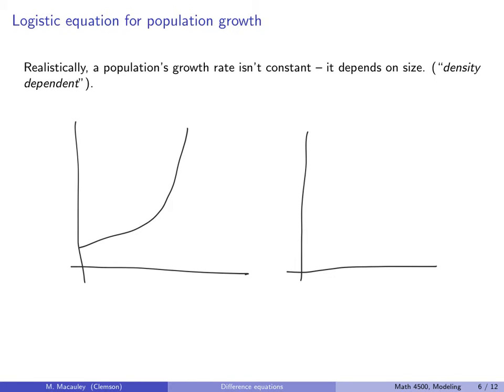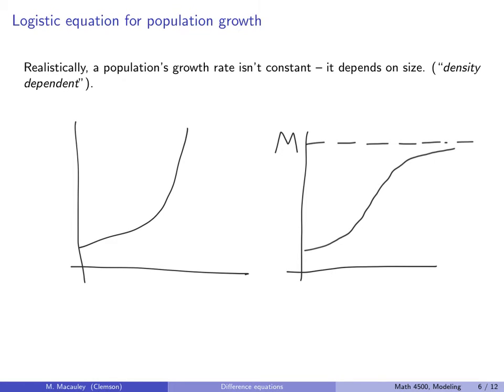So if you have a population of a few bunnies, then they're going to multiply rapidly, quickly, but generally they live in a habitat and that can only support so many bunnies. So you have 2 bunnies and 4 bunnies and 8 bunnies and so forth, but at some point, rather than just exploding without bound, the population of bunnies is going to increase like this, and then it's going to taper off towards some natural equilibrium, which we often call M.